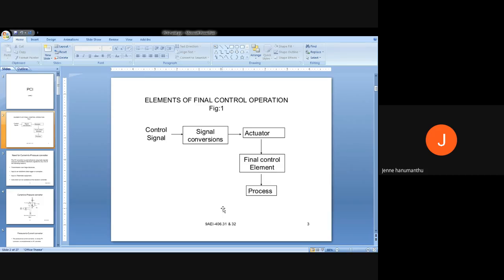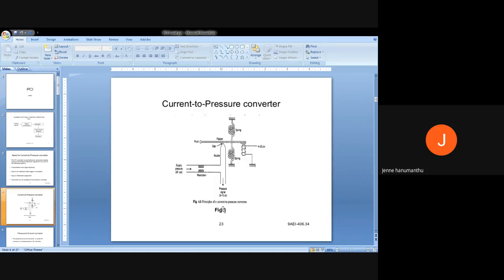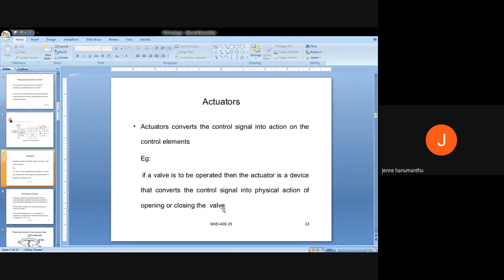So if you observe the first category of actuator, which is nothing but the electrical actuator, you see the definition.